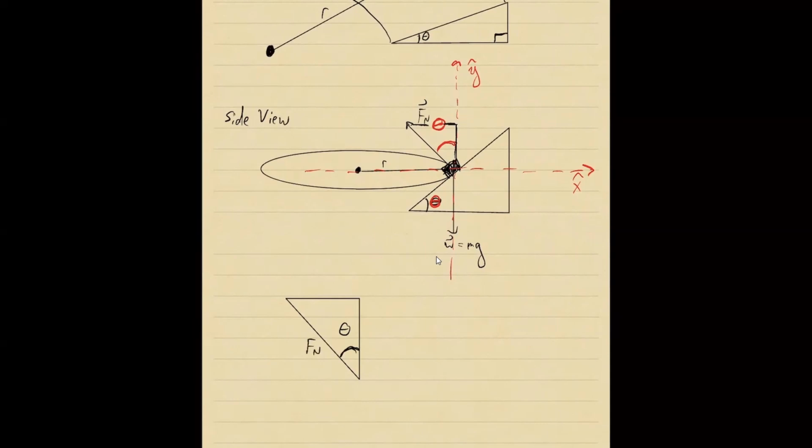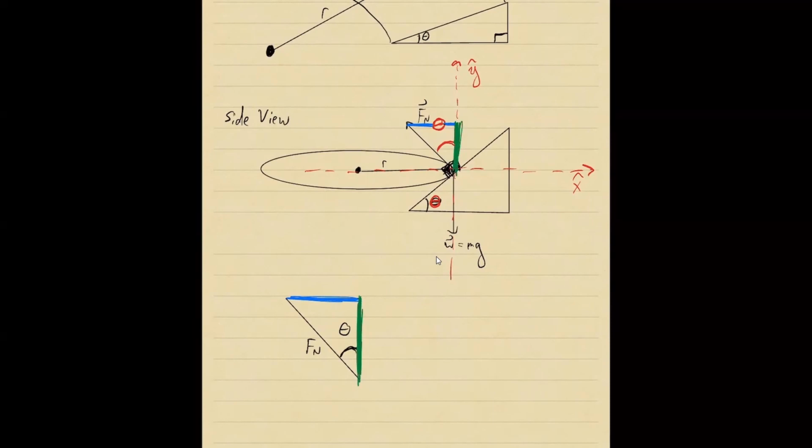And so notice that this part here up top is going to be the x component for our normal force vector. And this green part is going to be the y component for our vector.